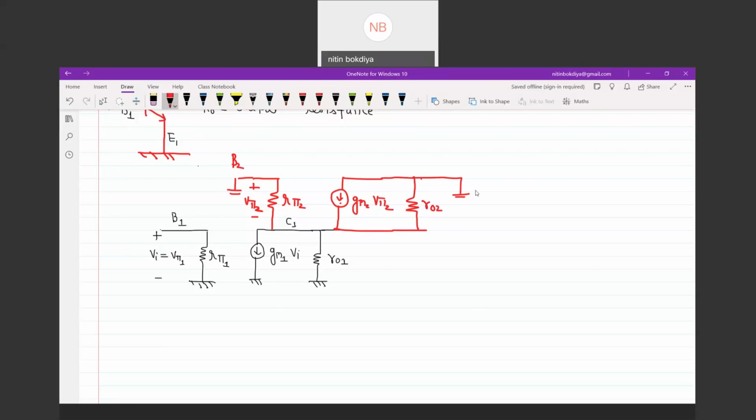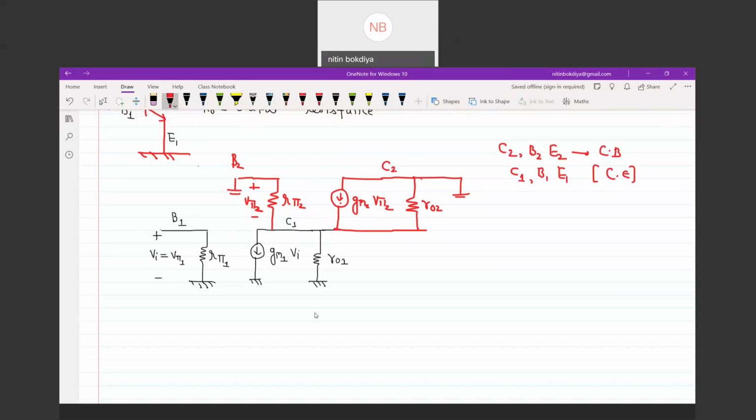So this is the whole idea. This is our collector 2. Means C2, B2 and E2, we are taking this term for common base, and C1, B1, E1, collector 1, base 1, emitter 1, we are taking this for common emitter. So this is the idea. This is our circuit.